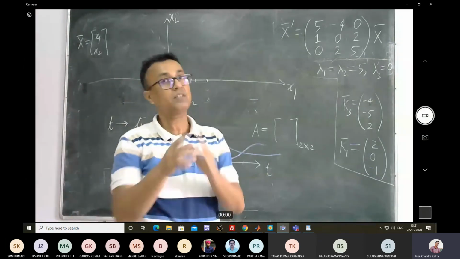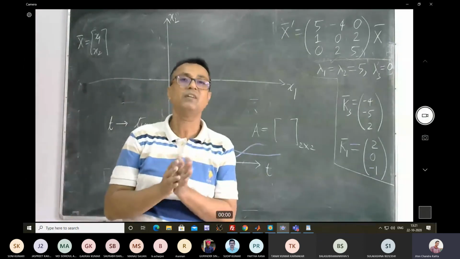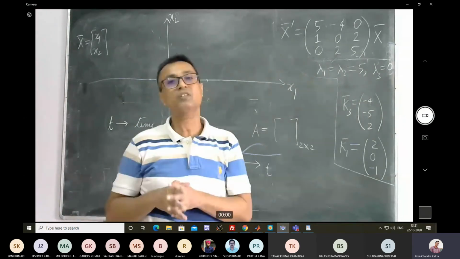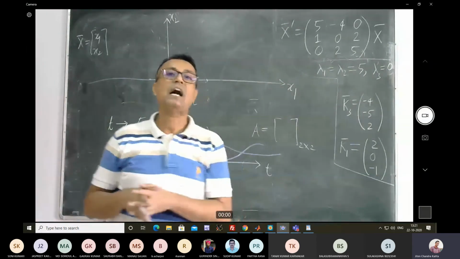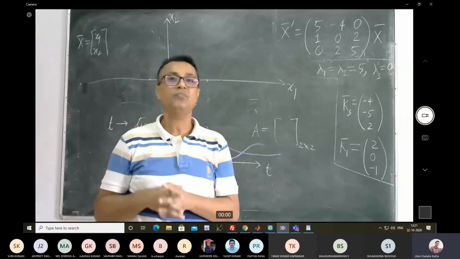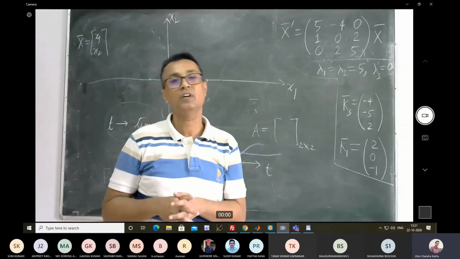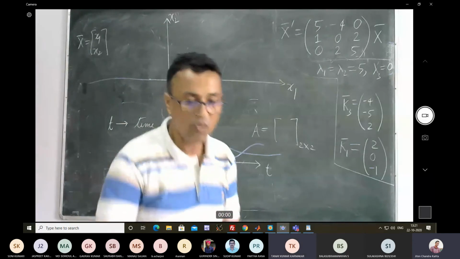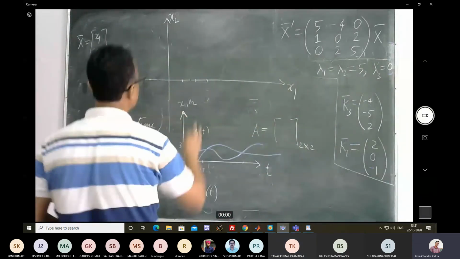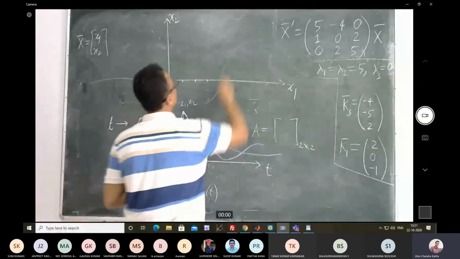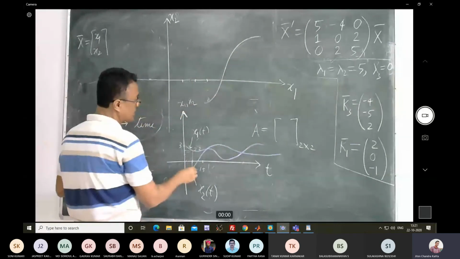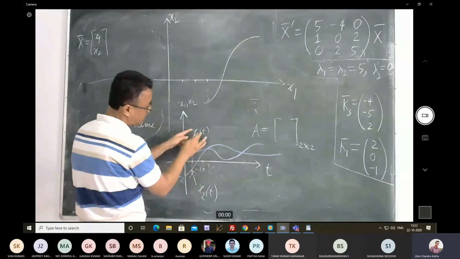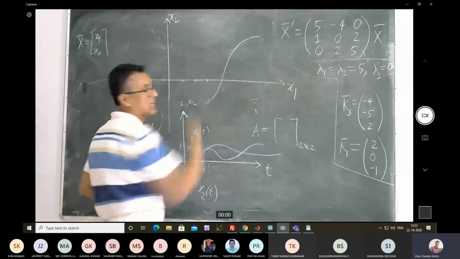This is nothing but whatever we finally got, V3 versus V5, that was simply a parametric curve. In other words, you can say that I have eliminated T from the equations of V3 and V5. Just by eliminating T from the functions x1 and x2, I am getting a curve like this.